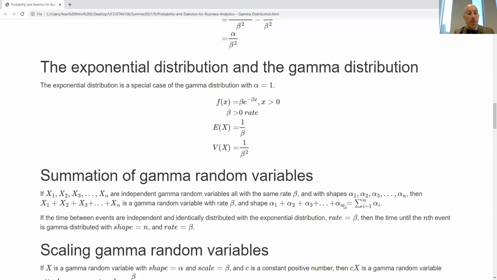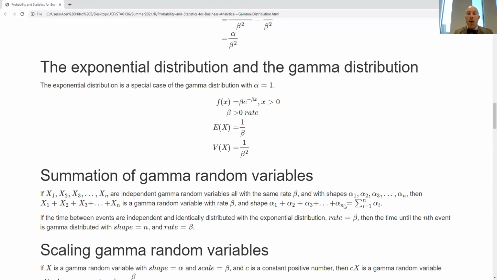All right, so now, how could we use this dealing with time? Well, let's say that I'm waiting on some events. Let's say I'm interested in the 10th event. How long will it take for the 10th event to occur when the time between events is exponentially distributed with a beta rate?